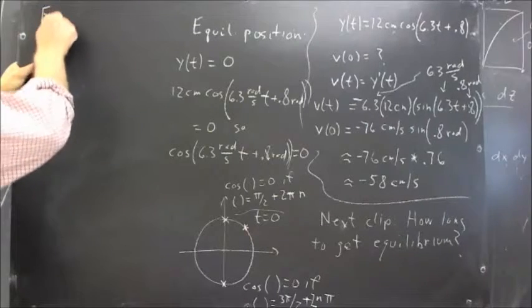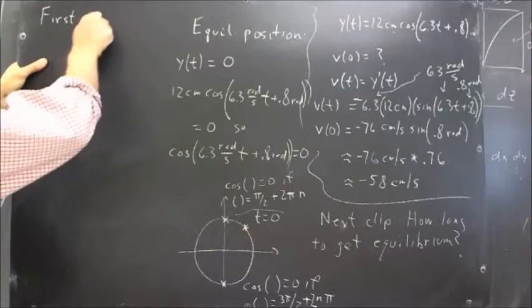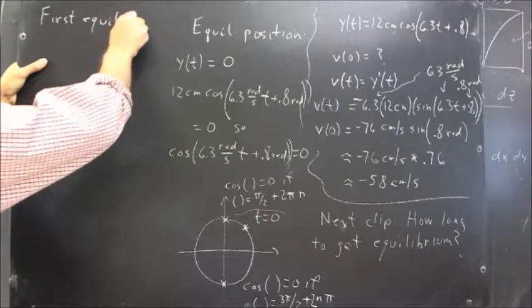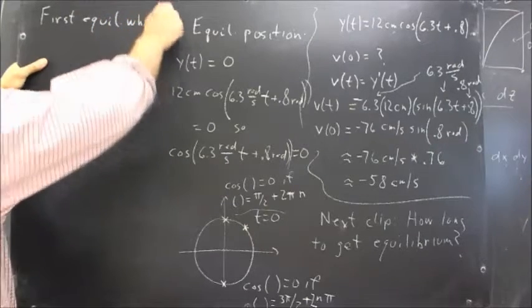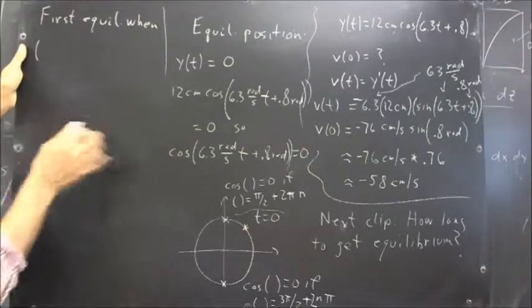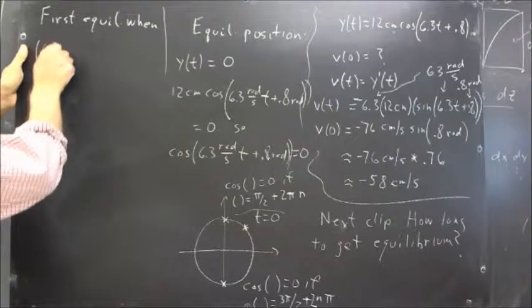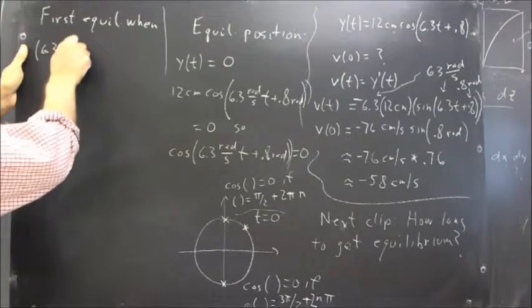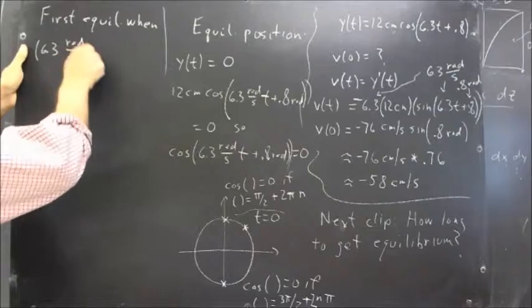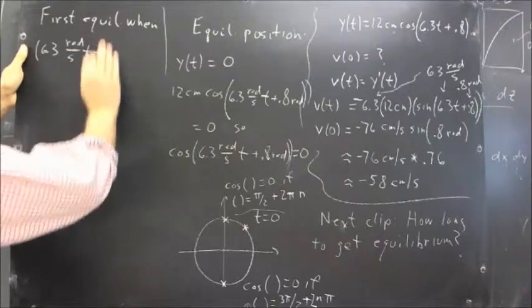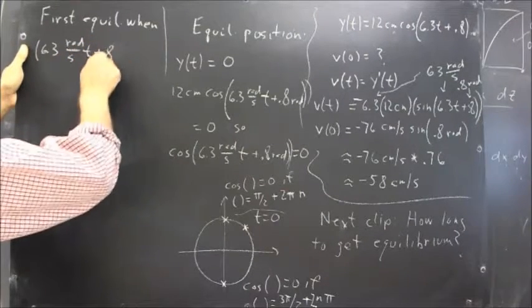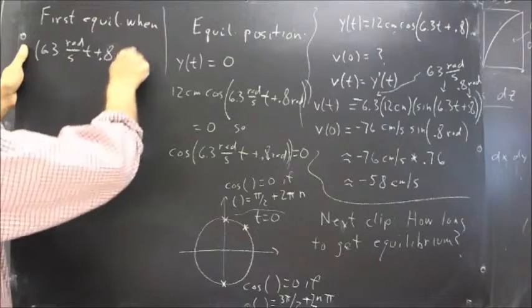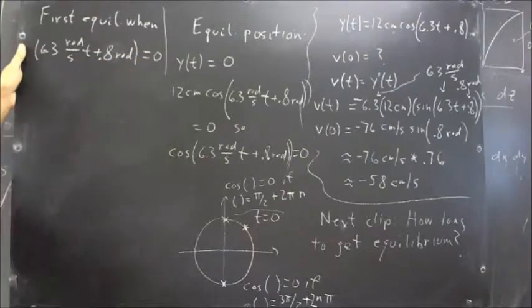So we first reach equilibrium when this quantity in parentheses, which I'm now going to write out, the argument of the cosine function, 6.3 radians per second times t, I was going to write theta naught, but it's 0.8 radians, equals 0.